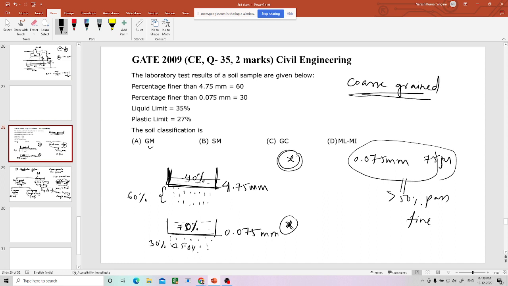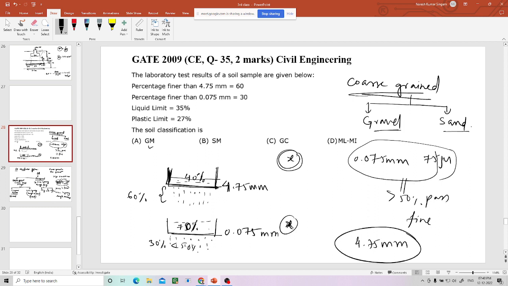It is not fine. Under coarse grained there are two things: gravel and sand. Now we should know whether it is sand or not. For that we take the 4.75 mm sieve and sieve the total x amount. If greater than 50% is passing through the 4.75, that is sand.